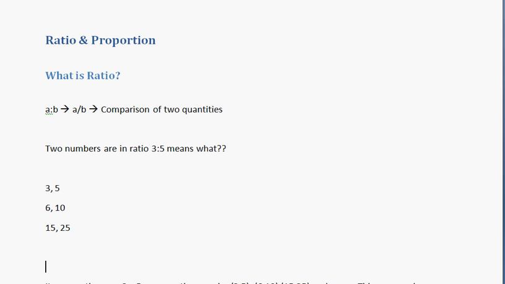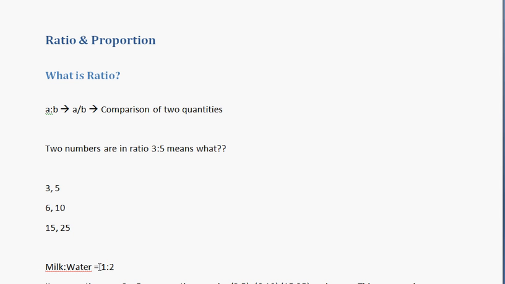So what does this mean? Why are we using ratio, right? So for example, if there is a solution in which the ratio of milk and water is 1:2, so a solution where milk to water is equal to 1:2.